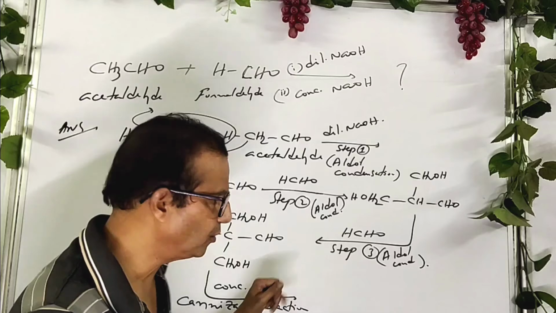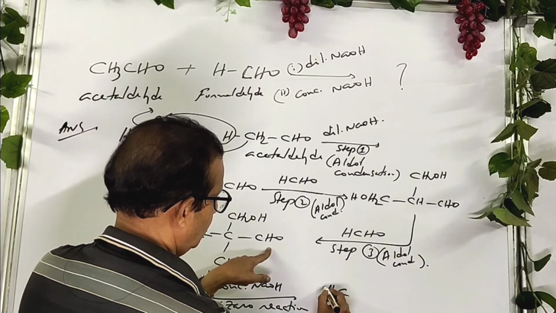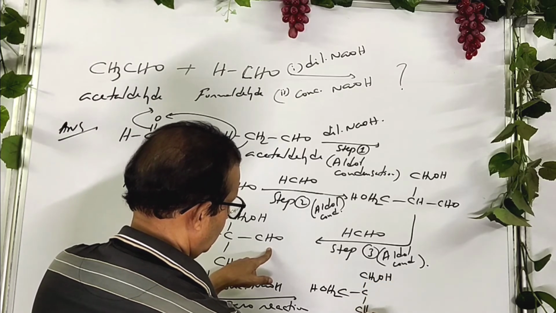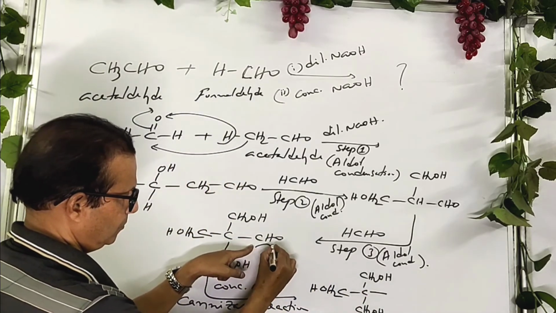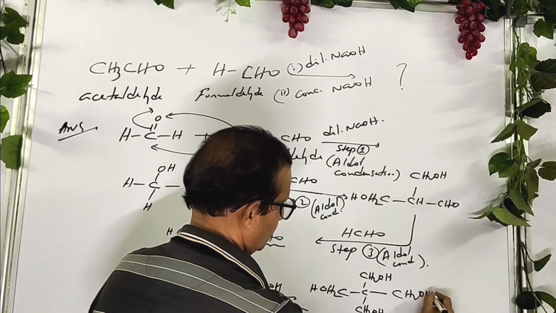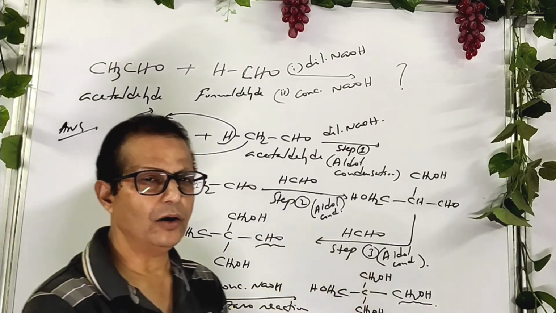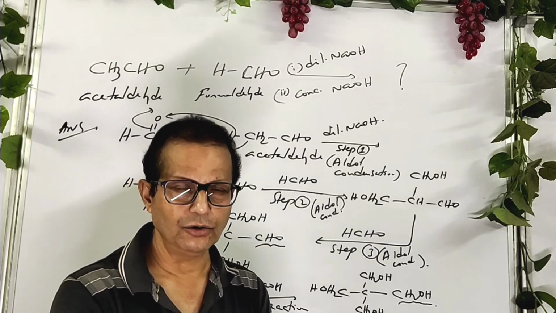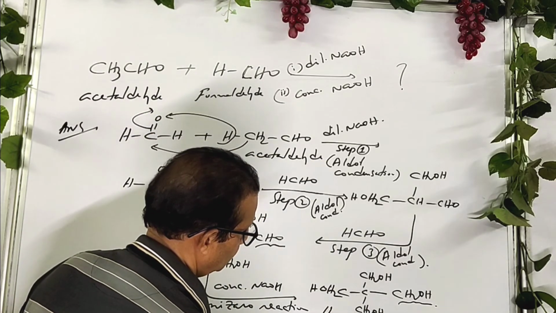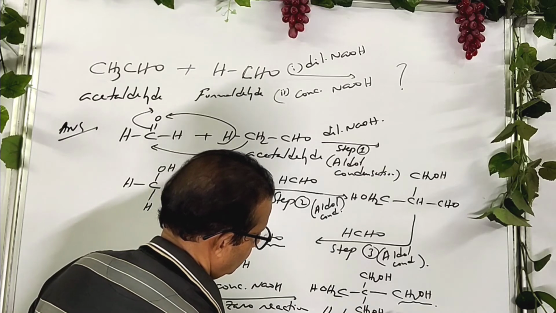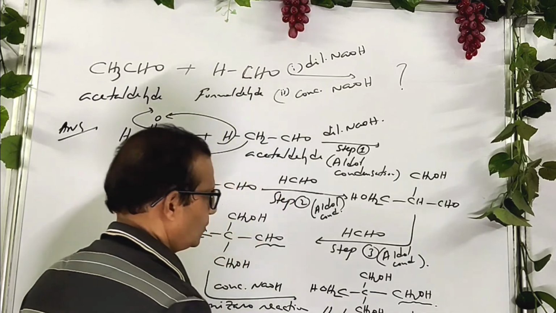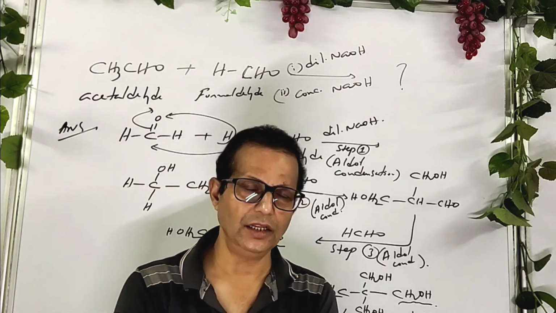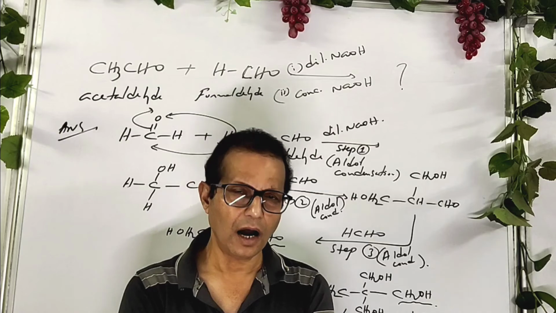So write only primary alcoholic group. This compound is called pentaerythritol or shortly erythritol. This is used to prevent heart attack. So this chemical is used as a medicine to prevent heart attack.